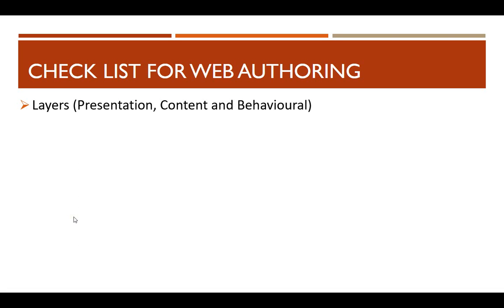Then you talk about the content, the actual work that is going to be displayed onto the web page. Then you talk about the behavior layer, which affects things like animations and stuff like that.